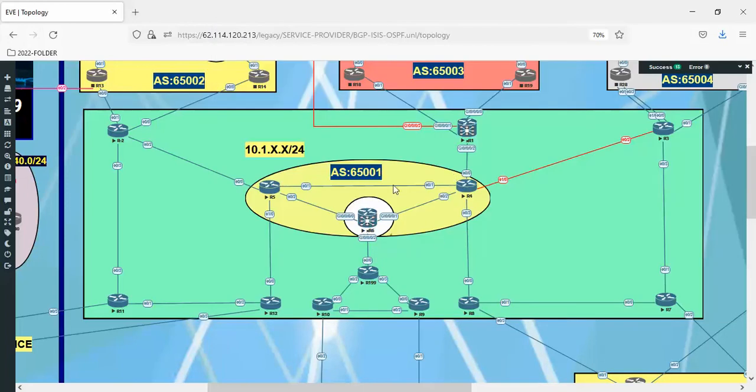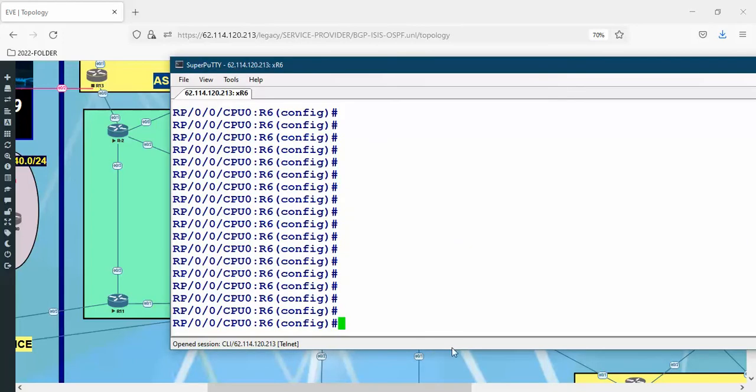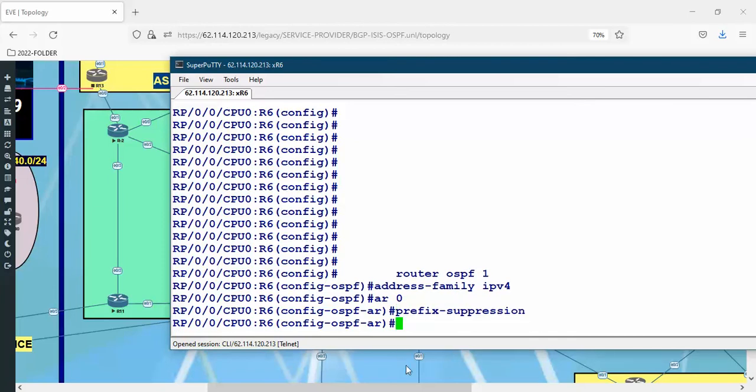We should also configure the prefix suppression on the IOS XR on router 6 and router 1. Prefix suppression.